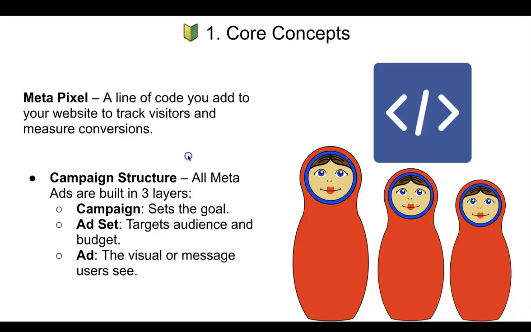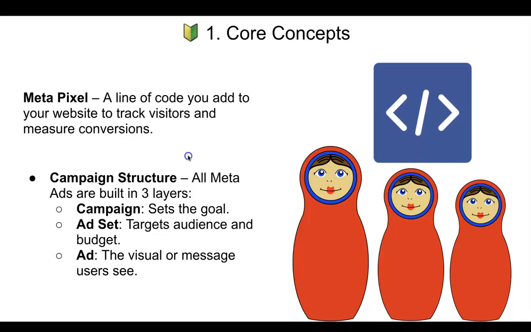So the first thing I want to talk about, guys, is Meta Pixels, because there's no point in you running Facebook ads if you're not tracking your results, if you're not tracking who is visiting your ads, your website, what is actually converting, right?